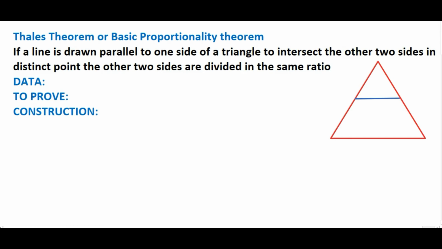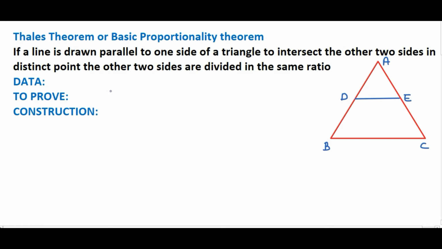So if a line is drawn parallel to one side of a triangle to intersect the other two sides, let ABC be our triangle, and a line is drawn in such a way that it is parallel to the third side. So the line DE is drawn parallel to the third side.